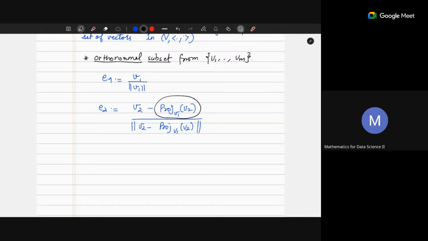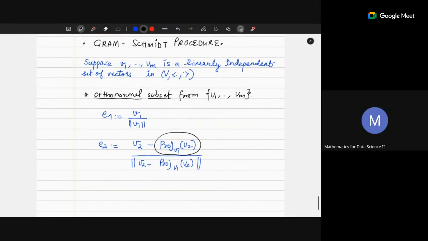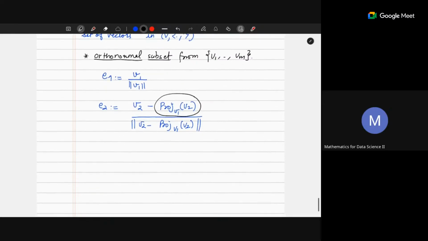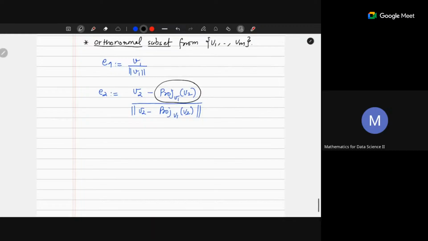Let me show you why e1 and e2 are orthogonal. Let's not worry about their norms for the moment.